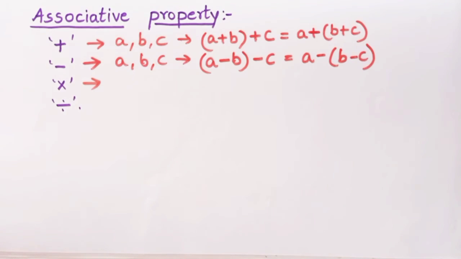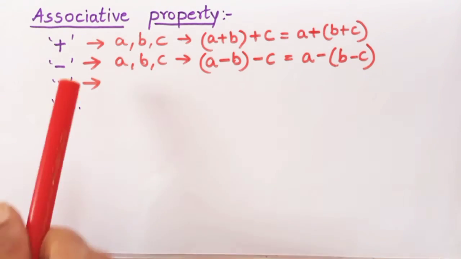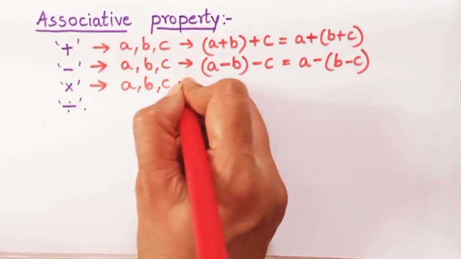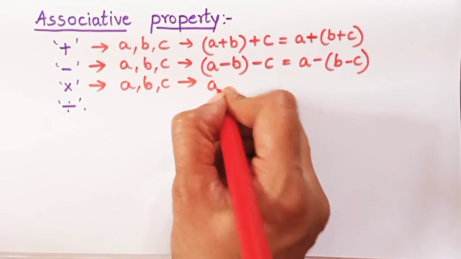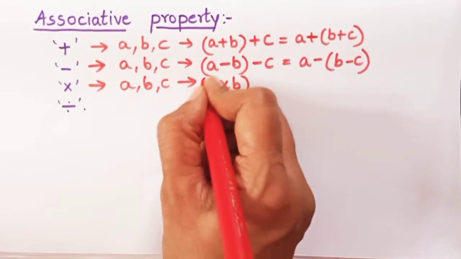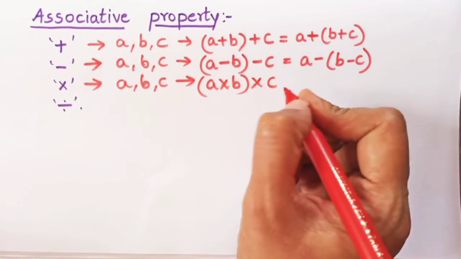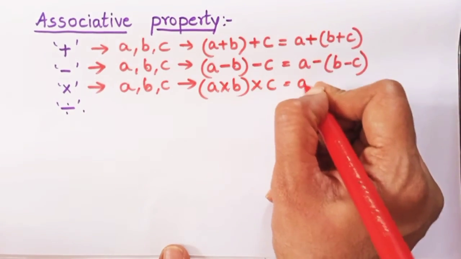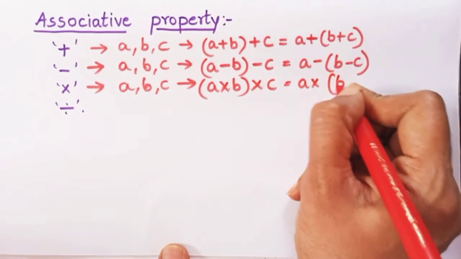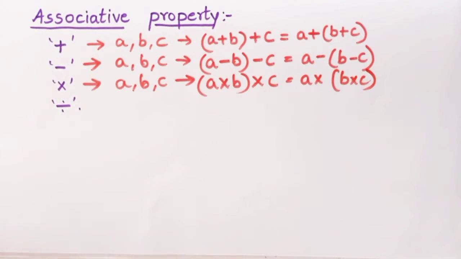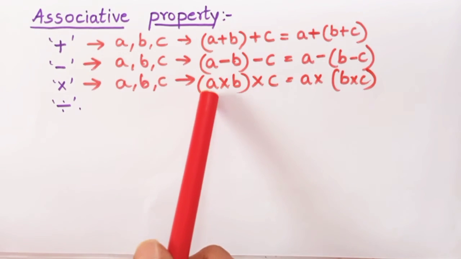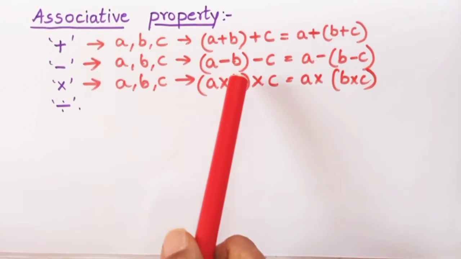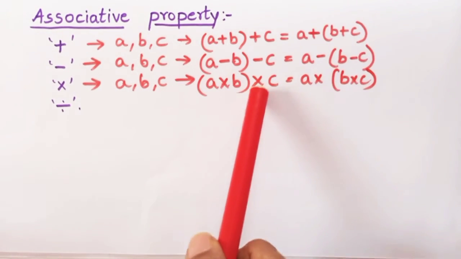Then thirdly, let us see our multiplication. When you are given any three numbers, A into B into C is equal to A into (B into C). See here, firstly we are finding the product of A and B. Then the resultant is again multiplied by C. We get a result.